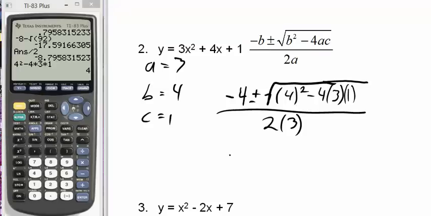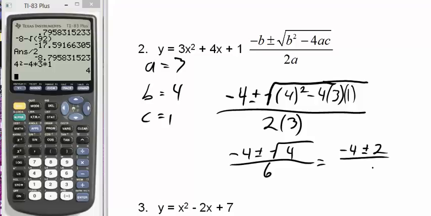So it's minus 4 plus and minus the square root of 4 all over 6. Okay, so this one is actually easy, the square root of 4 is 2, so it's minus 4 plus and minus 2 all over 6.